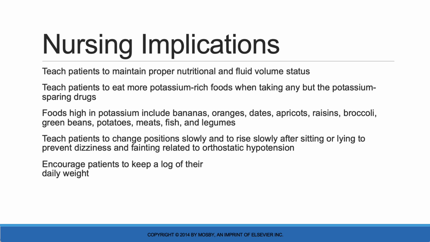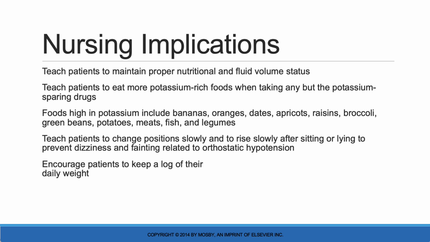We want to teach patients about their proper nutritional and fluid volume status. And so for patients who have heart failure, we like for them to take their weight daily. Get on a scale the same time of the day in the same condition. Usually it's first thing after you empty your bladder in the morning.